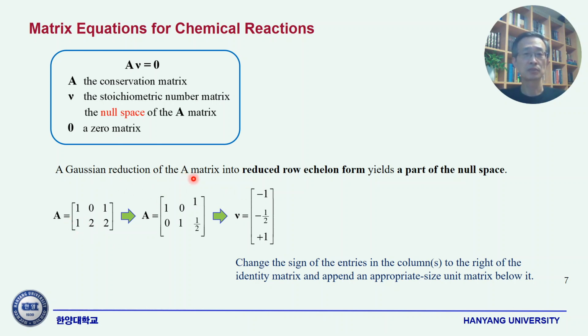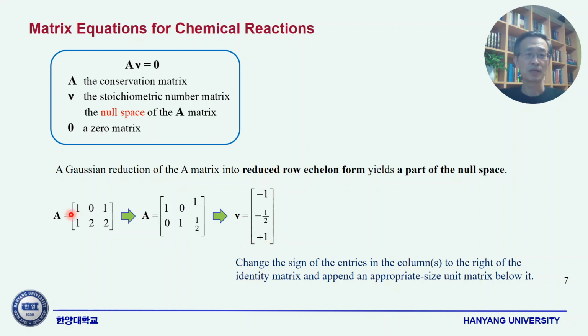You have a conservation matrix from your participating reactant and product molecules or species, and then you do the Gaussian reduction of the A matrix into reduced row echelon form. Let me tell you what those are a little bit later. And that gives the null space, meaning the stoichiometric coefficients.